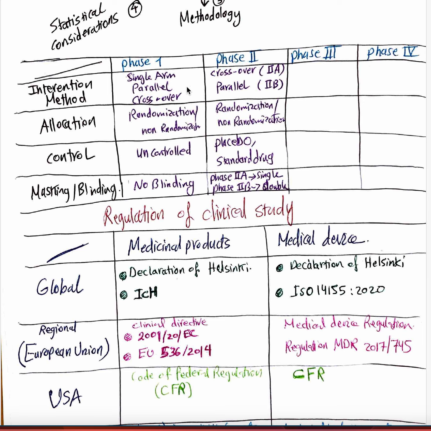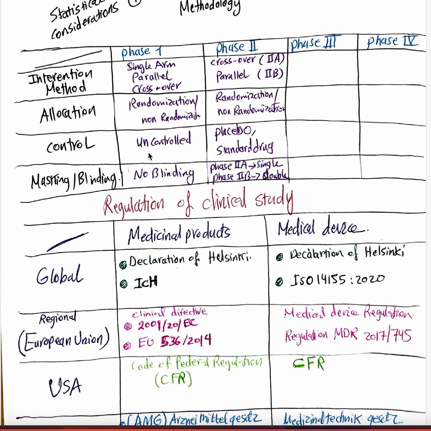Parallel is P, while crossover is A. In the crossover, we use single blinding, meaning the participant does not know the treatment. In the parallel, we use double blinding, meaning the researcher and the participant do not know the treatment. We use control in phase 2, so the placebo or the standard drug or sham procedure. About the allocation in phase 2, it is the same as phase 1, randomization or non-randomization.